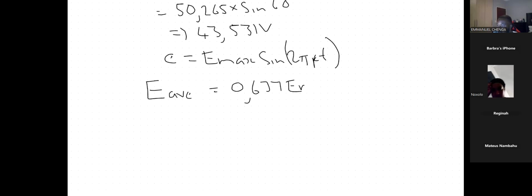You can also have the I average, which is 0.637 Imax, and then we can also have the RMS values, whereby you can have ERMS, which is 0.707 Emax.